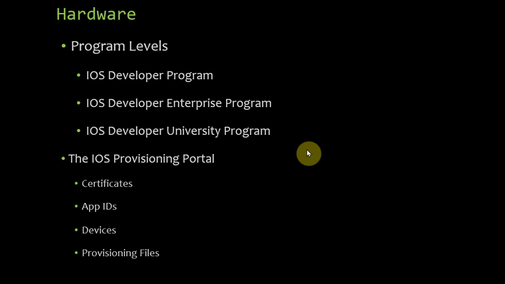This program level is free and allows the program to be tested on physical devices, but it does not allow for ad hoc or application store deployment. So that is about your university program, wherein you have around 200 developers developing an application, and this is free and allows your program to be tested on the physical device.